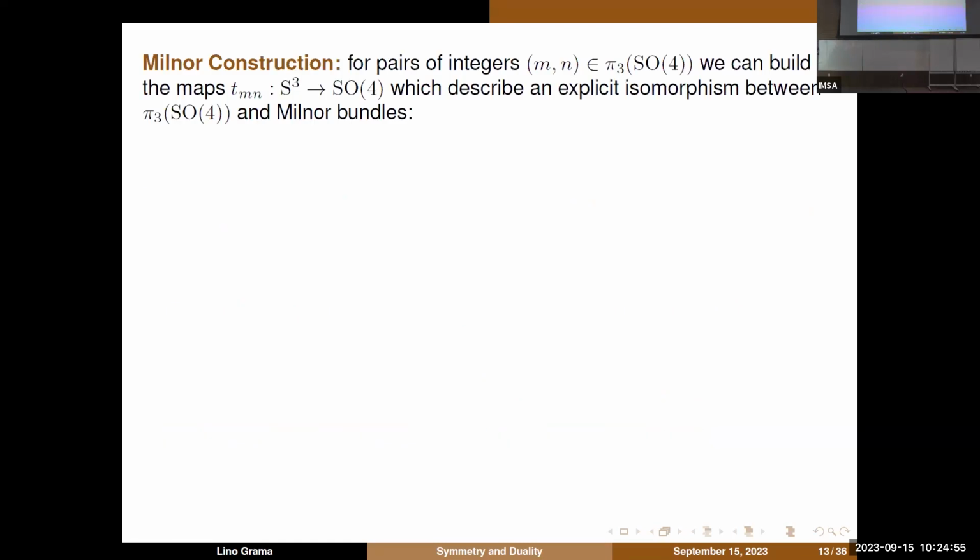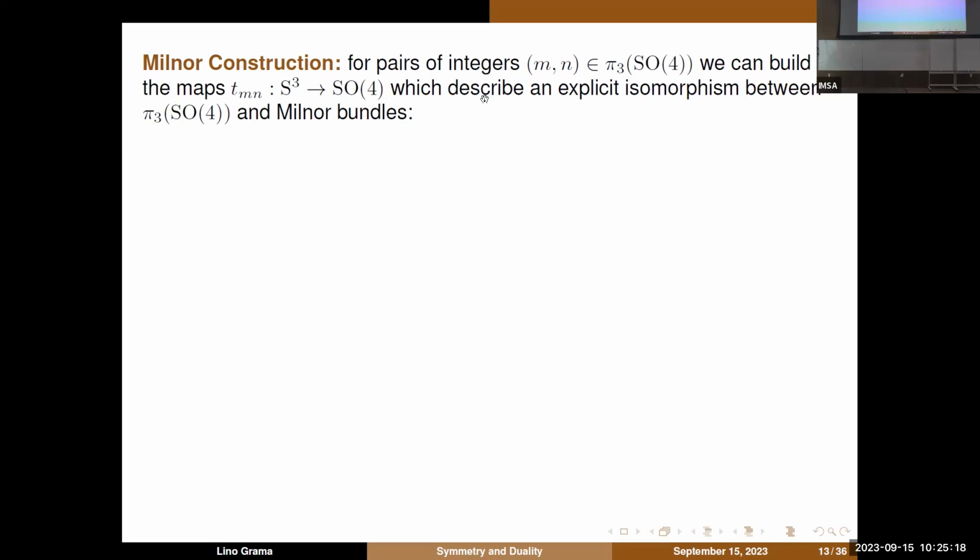And what is called the Milnor construction? We pick pairs of integers, and each pair corresponds to an element of pi3 of SO4. We can build maps, depending on m and n, from S3 to SO4.